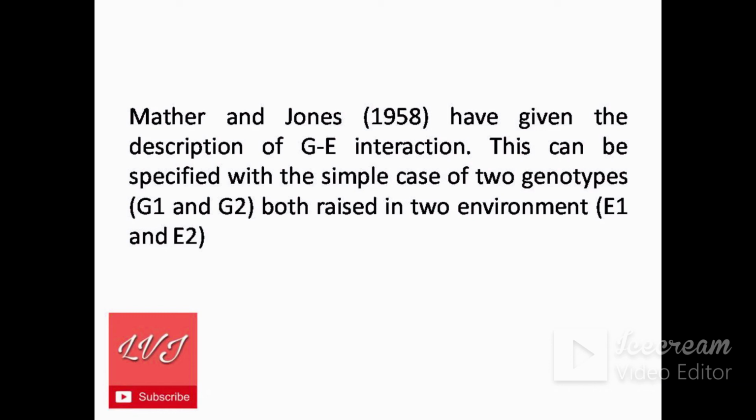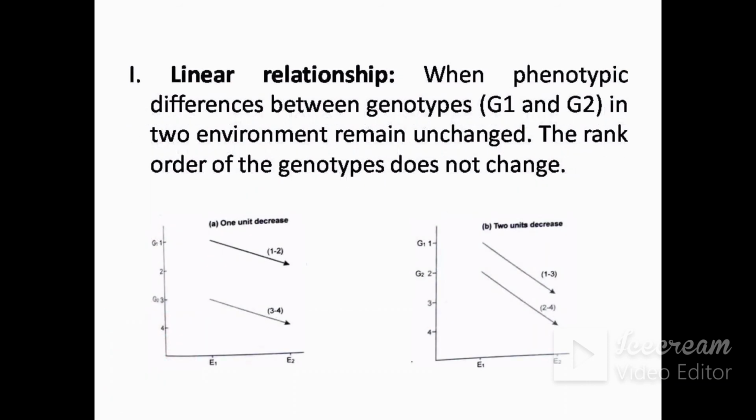This can be specified with the simple case of two genotypes, genotype 1 and genotype 2, both raised in two environments, environment 1 and environment 2. So here is the description. The first type is the linear relationship, when the phenotypic differences between the two genotypes in the two environments remain unchanged. So the difference is unchanged for the two genotypes in the two environments.